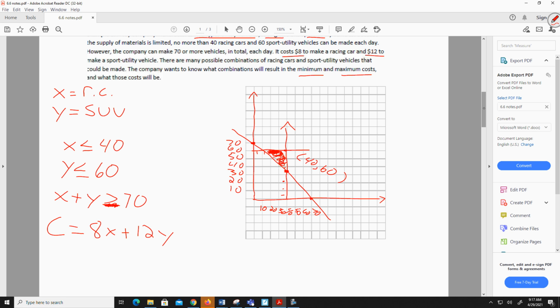At least 30. And if my y value is 60, what does x have to be to give me 70? 10, very good. They have to add up to 70, if that makes sense. I'm going quick here because I don't want the video to go on forever. So if it doesn't make sense, let me know.